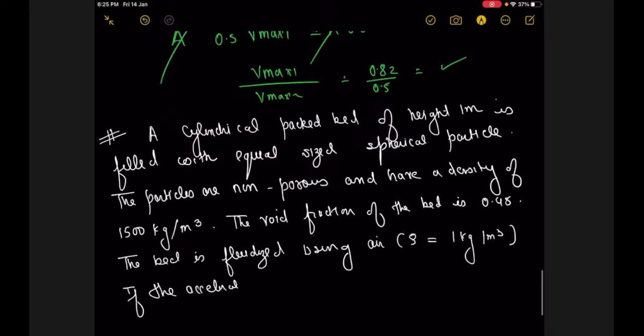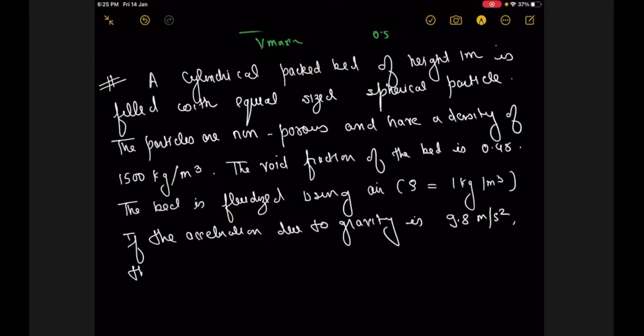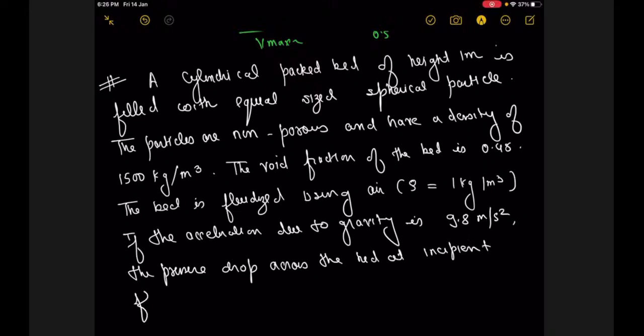If the acceleration due to gravity is 9.8 meter per second square, the pressure drop across the bed at incipient fluidization is?